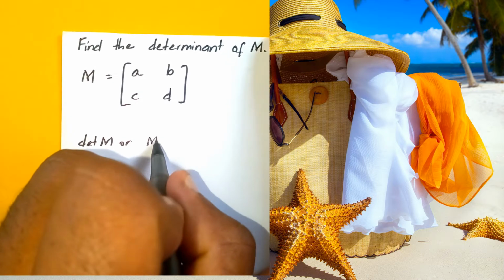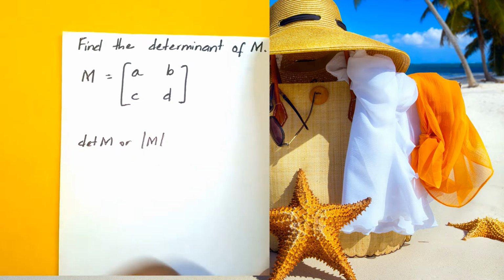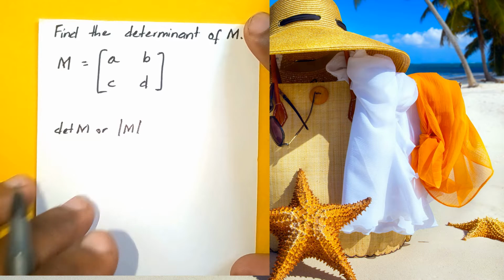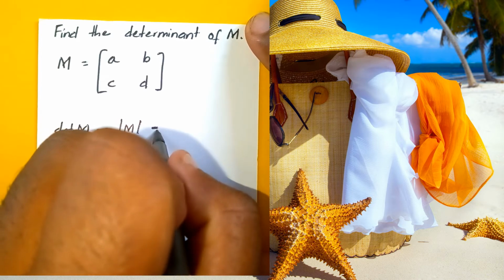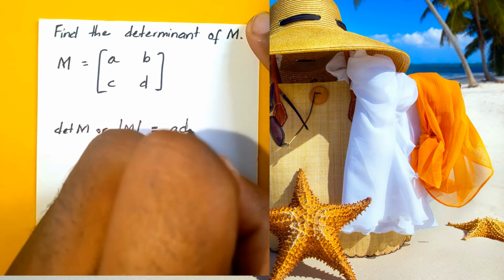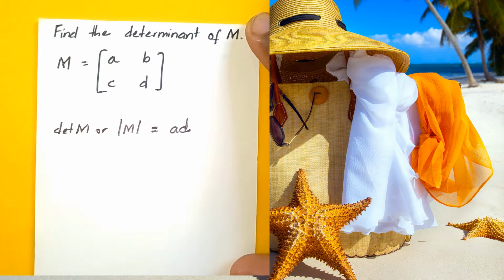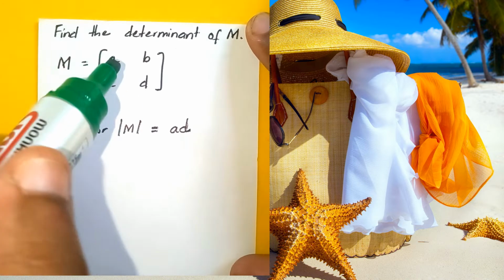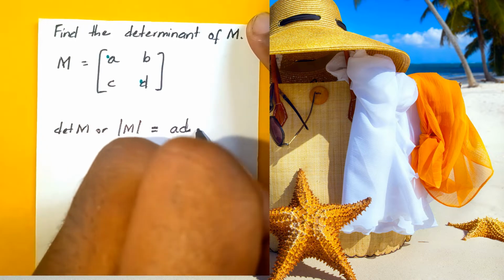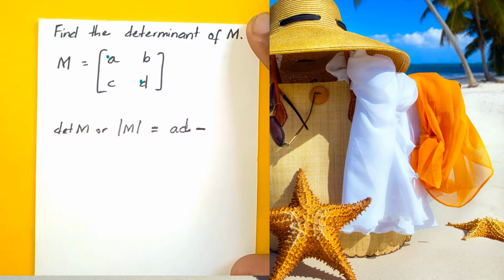So, to find the determinant, which we represent as det M, or you can say the matrix and you put the absolute signs on it. To determine the determinant, you use this formula: A times D, which are the elements along the leading diagonal. And when I say leading diagonal, I mean this. So you have A times D, and you're going to subtract from it the product of the off diagonals.